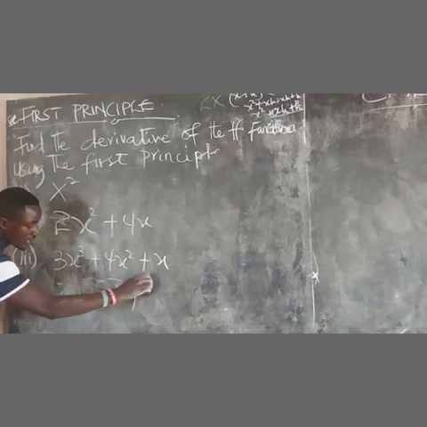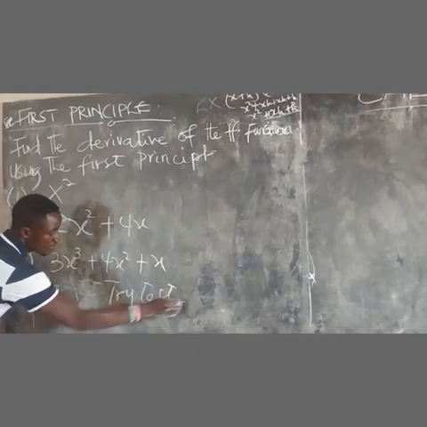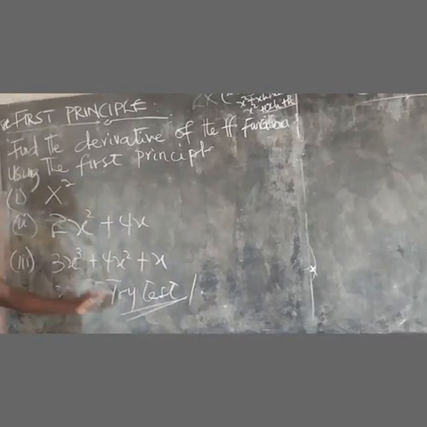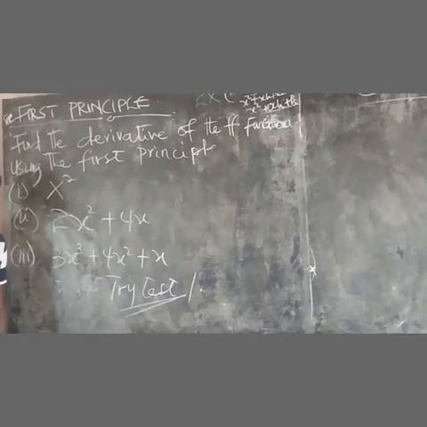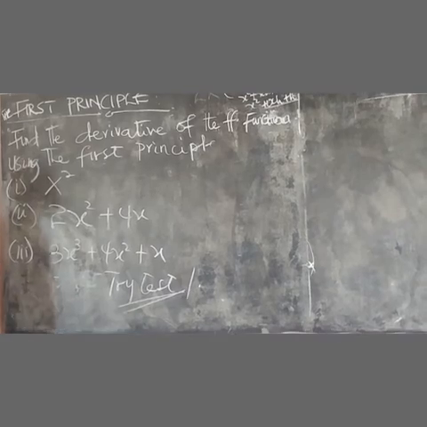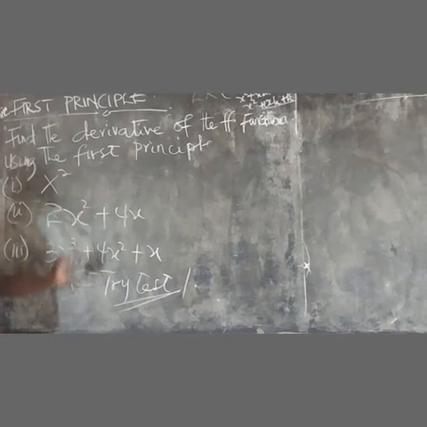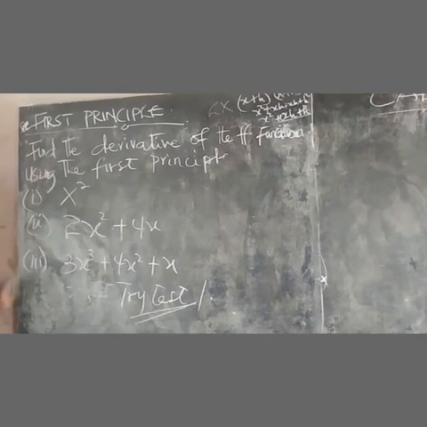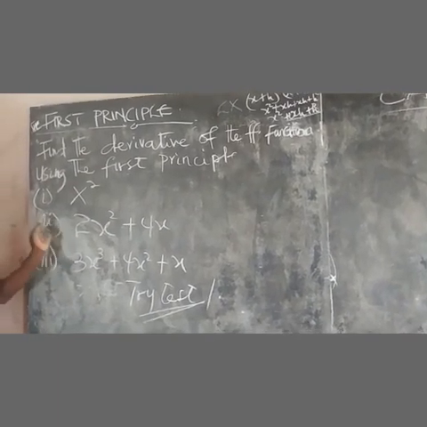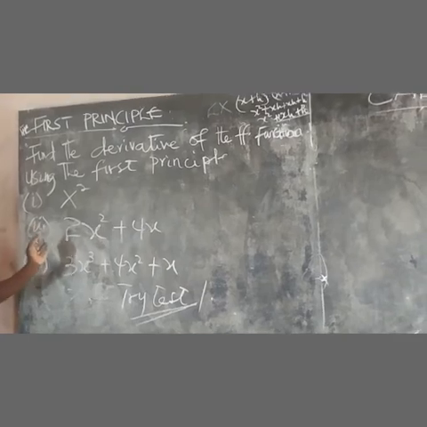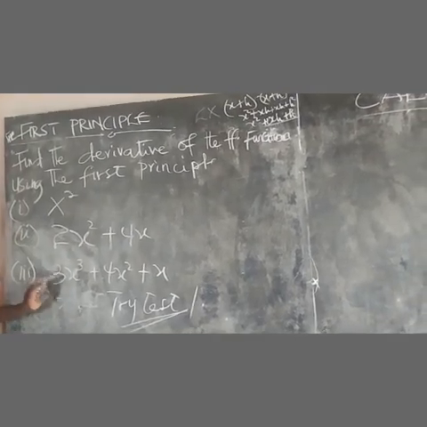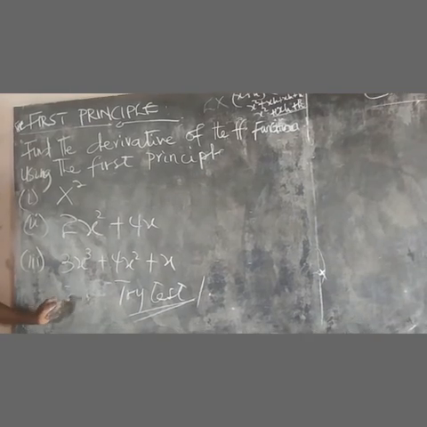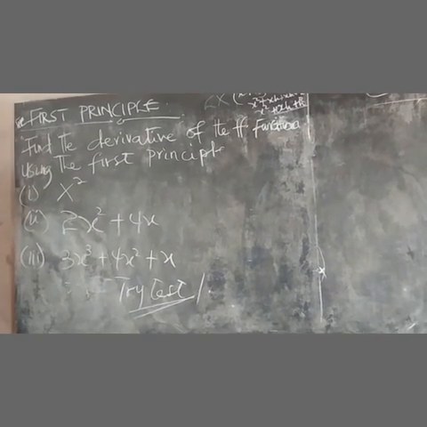So try test 1, or first test in our study of calculus. You have to find the derivative of the following functions using the first principle. x squared, that is for i. 2x squared plus 4x, ii. 3x cubed plus 4x squared plus x, iii. So that is that.